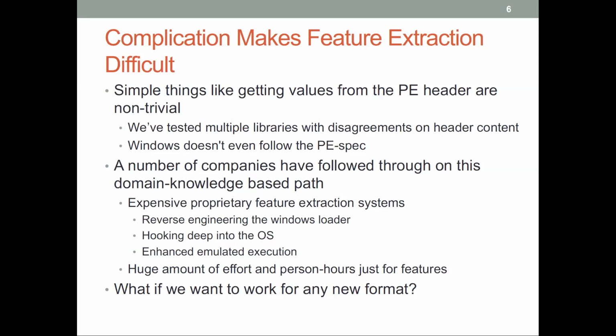But note that this domain knowledge-based path is assuming a very restricted domain, and that's the domain of PE files. What if we want to come up with a model that works for any format, not just PE files, but any new format, like even PDFs or RTF files containing raw text?